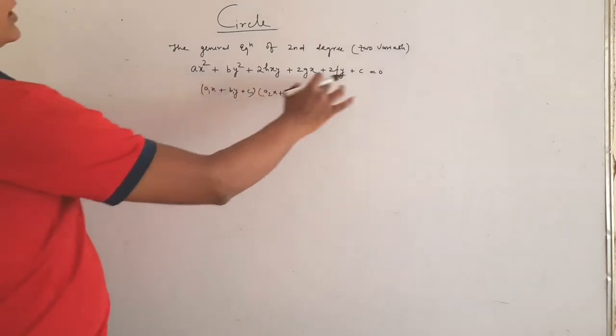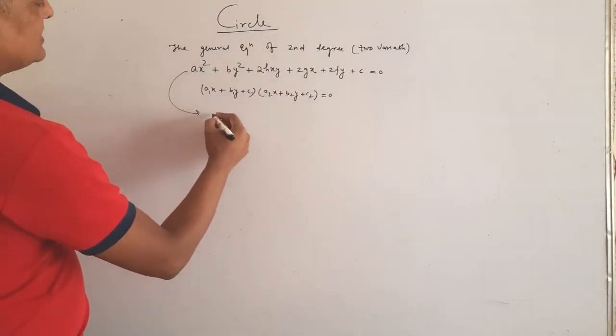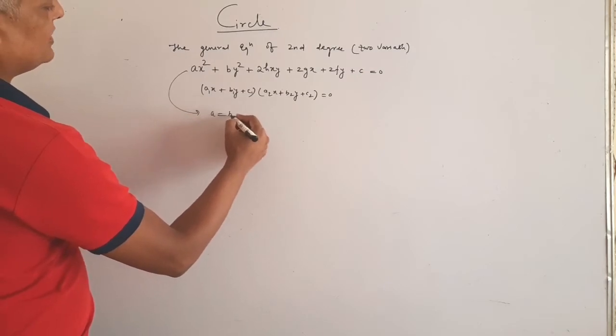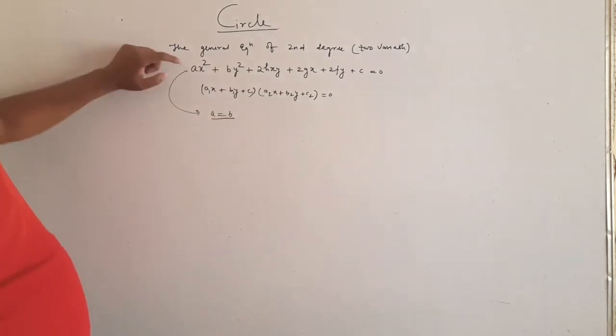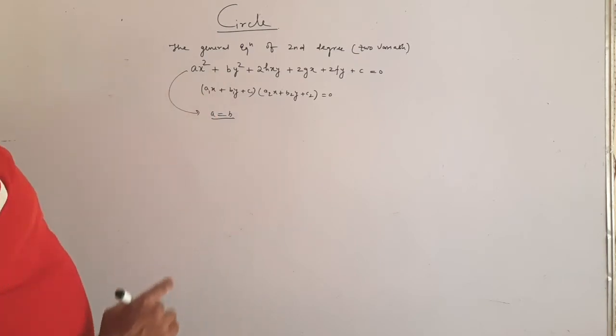Now, under what condition will this general equation of second degree become a circle? The coefficient of x square should be equal to the coefficient of y square, that is a equal to b.